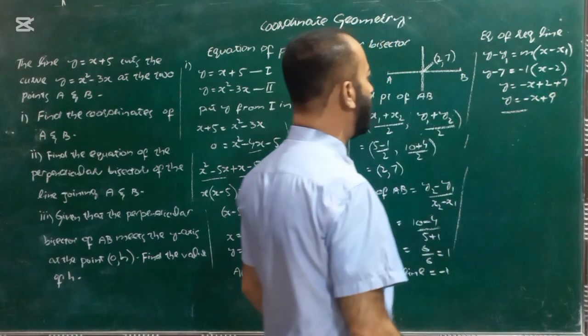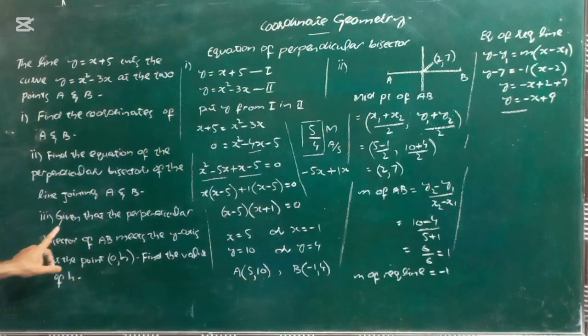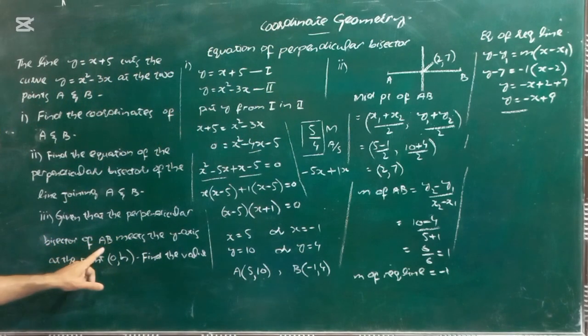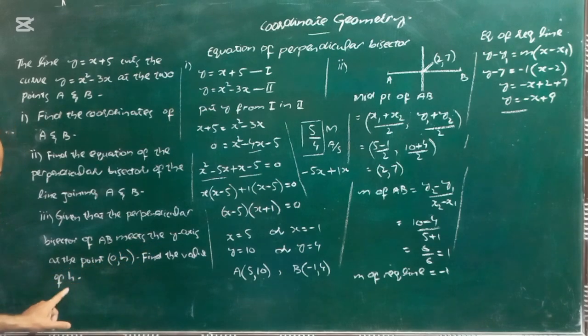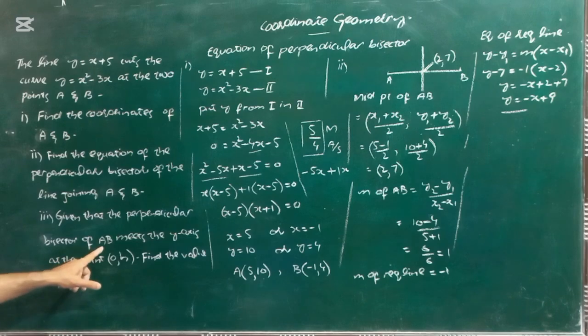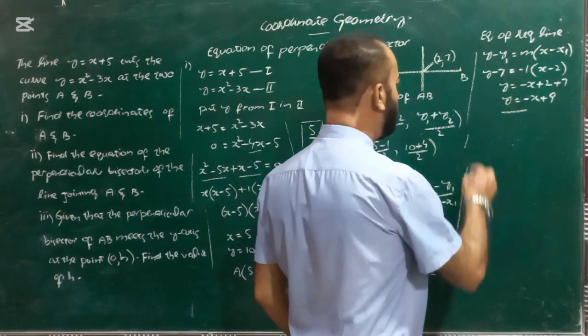So second part done. And the third part is now, given that the perpendicular bisector of the AB meets the y-axis at the point (0, h), find the value of h. So this is the perpendicular bisector.